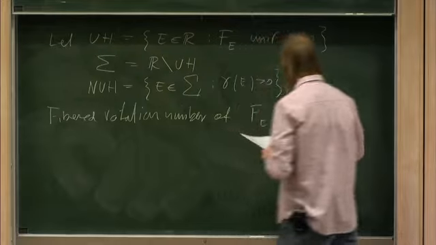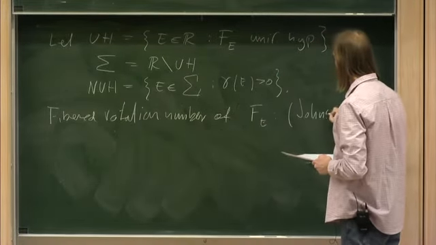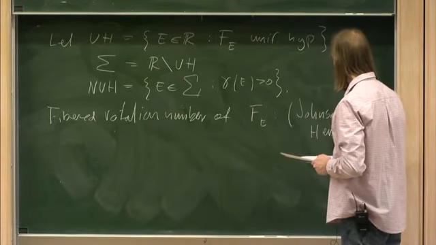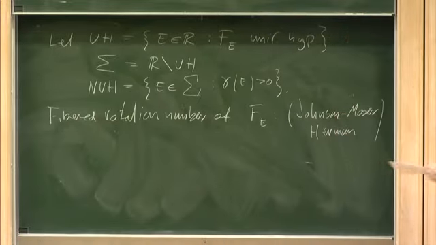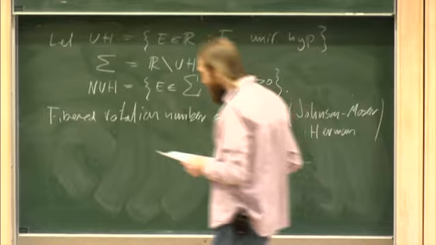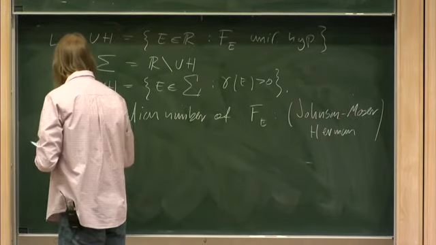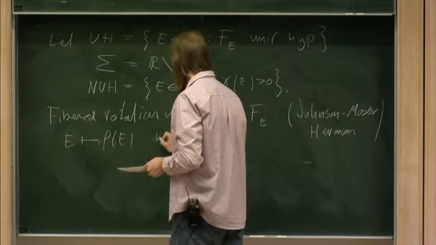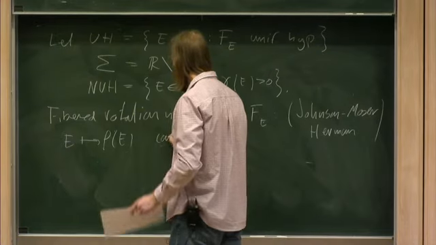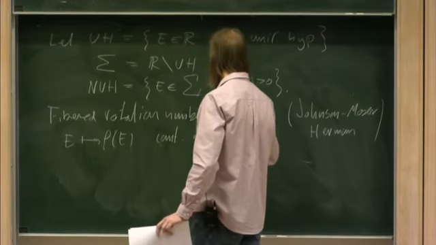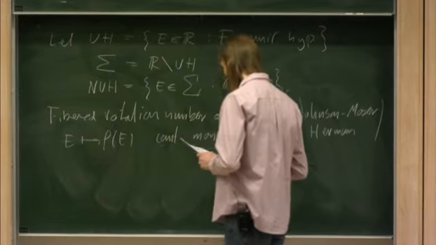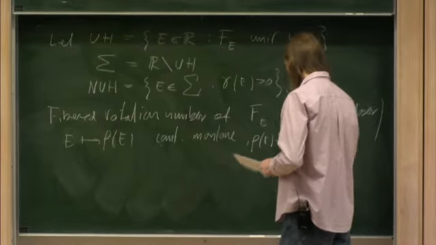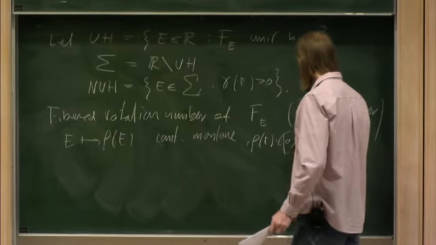Fe. So this was by Johnson, Moser, and Michel Herman has a definition of this. But it means that there is a function rho of E, which is continuous and monotone, and it goes between 0 and 1/2.